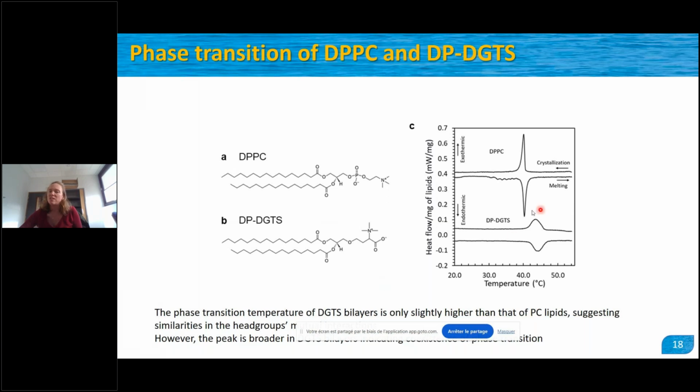But the peak of DGTS, as you can see, is not as sharp as for DPPC. The transition is quite broad, meaning there can be coexistence of the two phases, the gel phase and the fluid phase of the lipids.